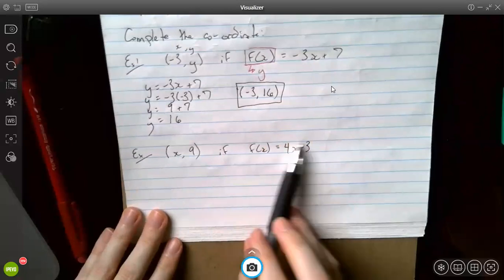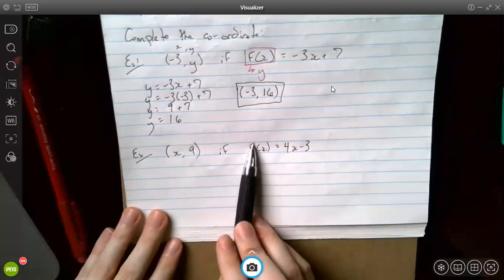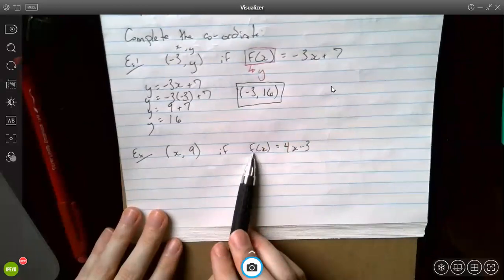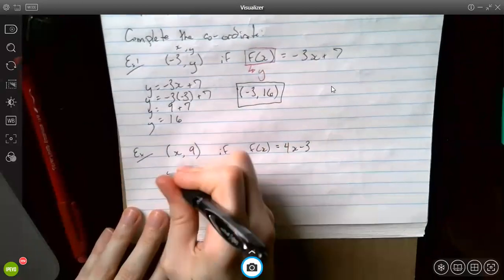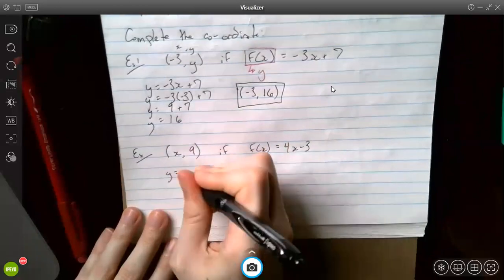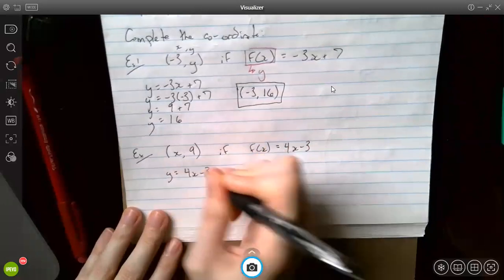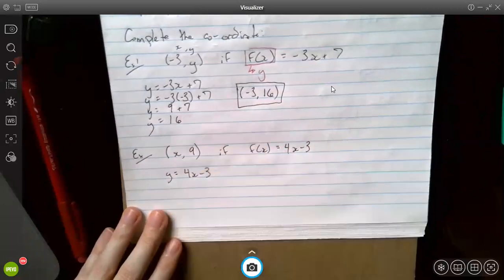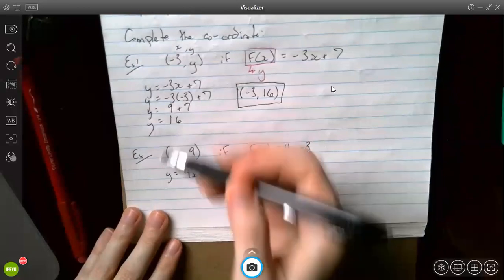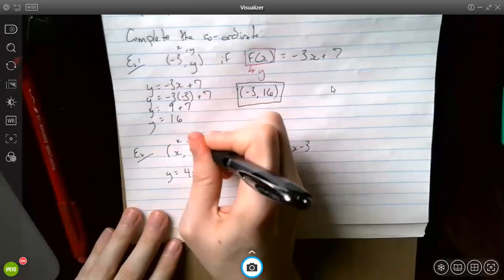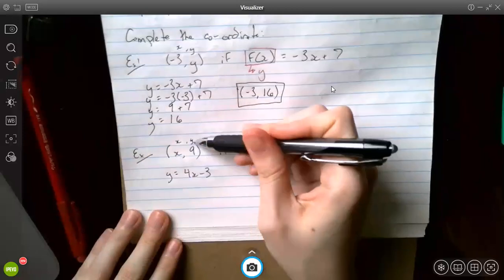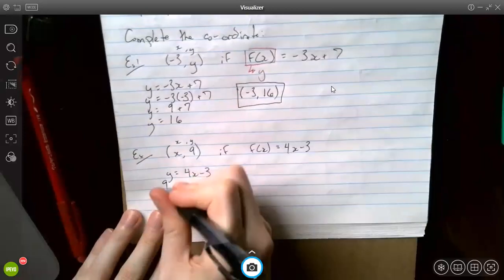Again, I'm going to start by rewriting my equation and replacing f of x with y. So y equals 4x minus 3. You don't have to do that step, but I just don't like using f of x. I prefer using y. And then because this is an xy coordinate, the 9 is my y value, so I'll plug that in.